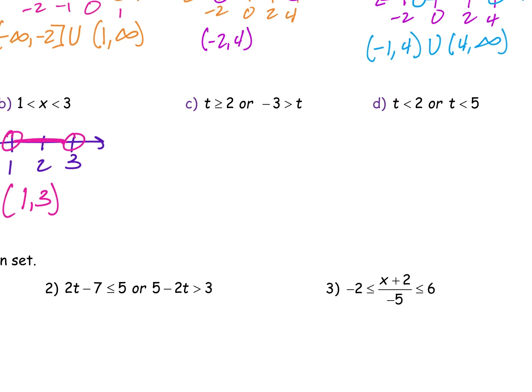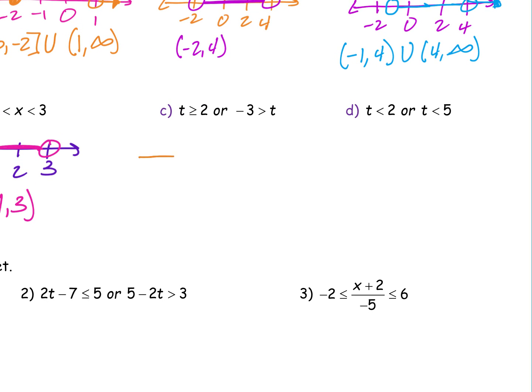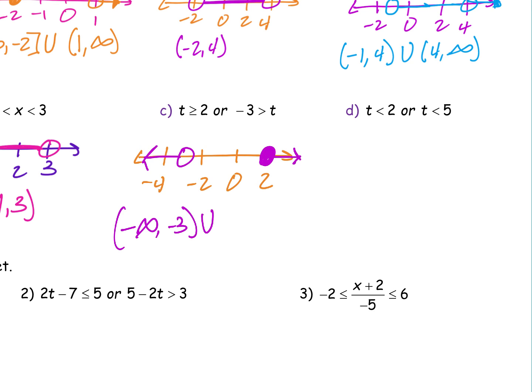C. -4, -2, 0, 2. T is greater than or equal to 2. And T is less than -3. So -infinity to -3, joined with 2 to infinity.